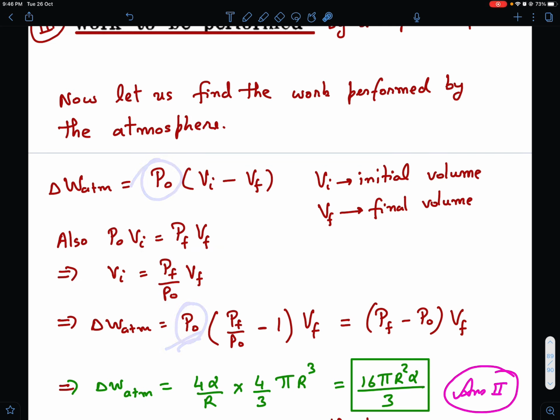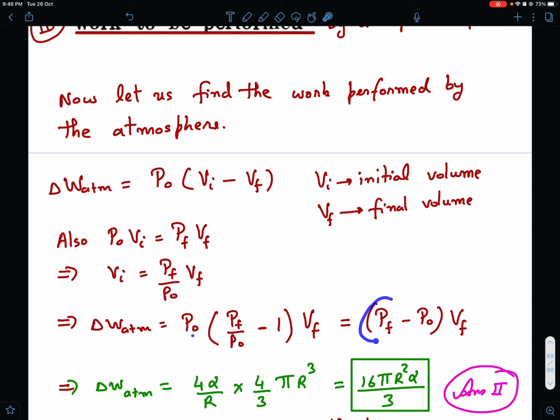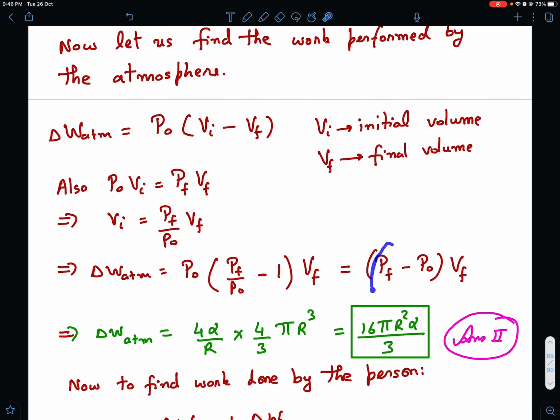So what do I get? P naught comes as it is here, and V initial becomes P final upon P naught into V final, and here also there was V final, so I have taken V final common outside. So this becomes P naught into P final upon P naught minus 1, and you multiply P naught inside, then you are left with P final minus P naught into V final. Okay, so if you calculate this, now P final is what?